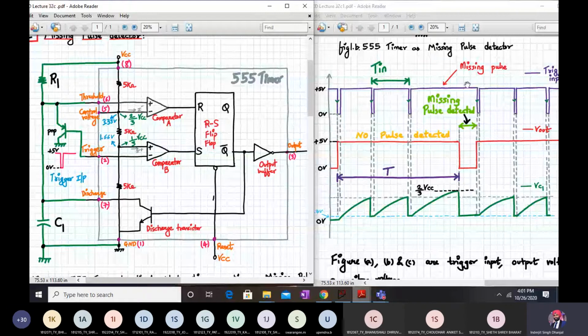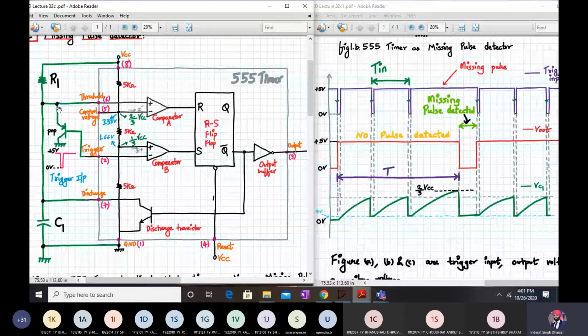Whenever the trigger pulse is high, this PNP transistor is off only. So it will give the capacitor more time to charge. And this time the capacitor charges to 2/3 VCC, as you can see clearly. Definitely it cannot charge to VCC. It will charge to 2/3 VCC.